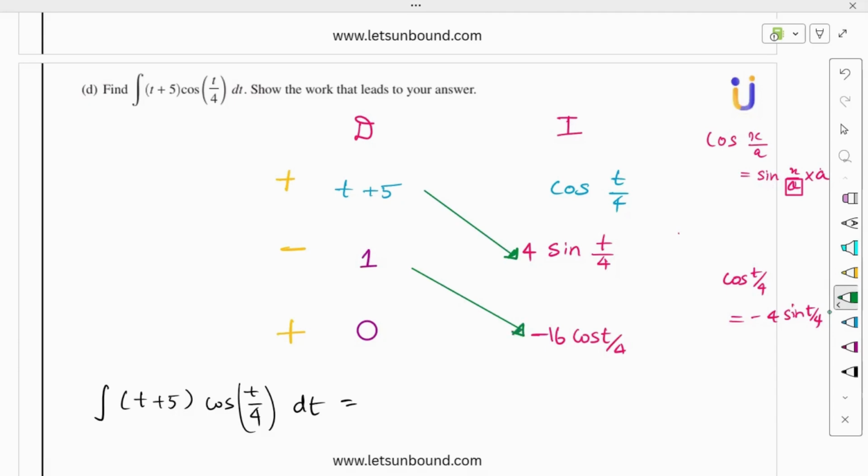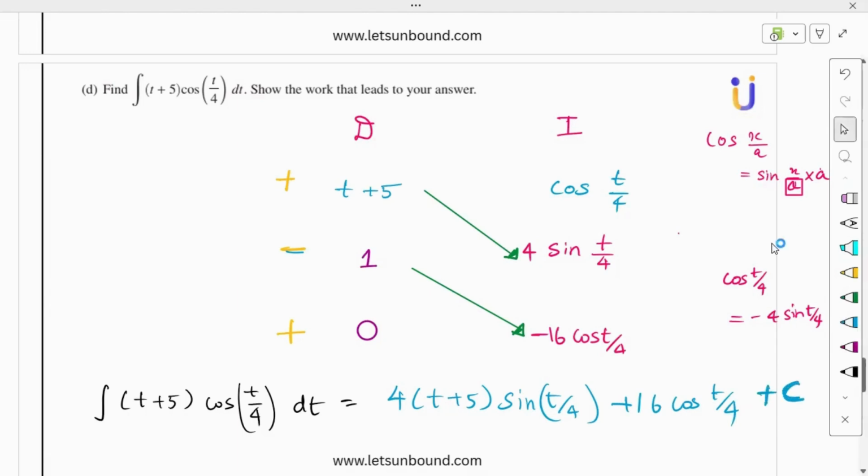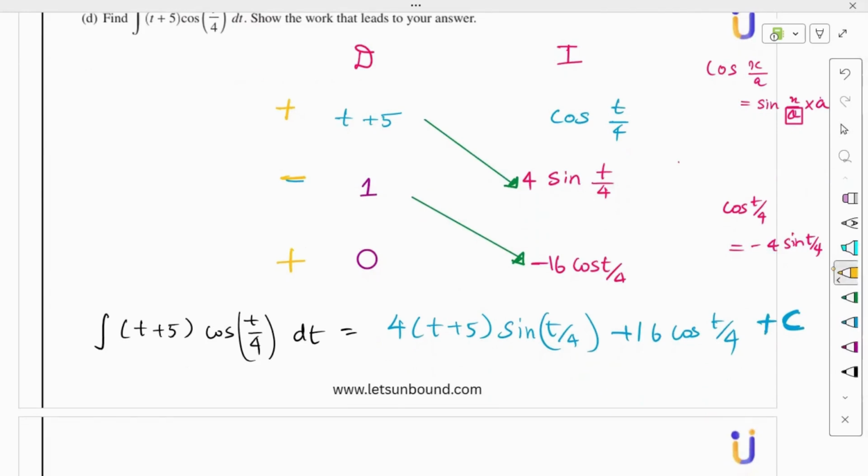So you got this: t plus 5 into positive 4 sine t by 4, then negative 1 into negative 16, which is positive 16 cos t by 4. And that's it. Of course, you need to add the constant of integration because it's an indefinite integral.